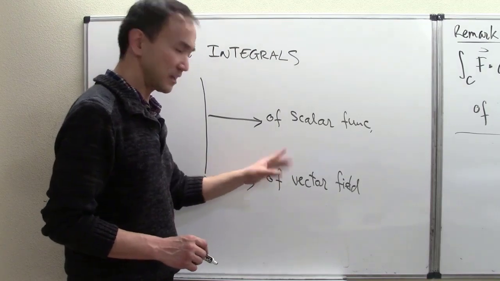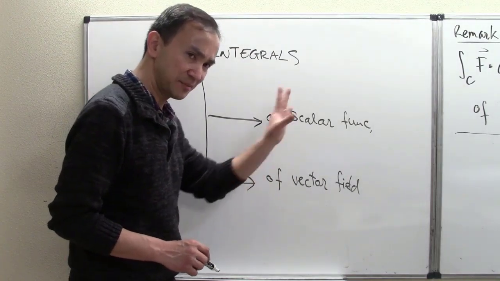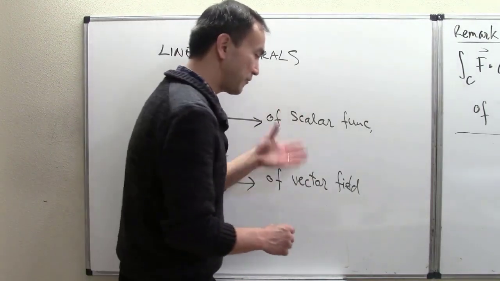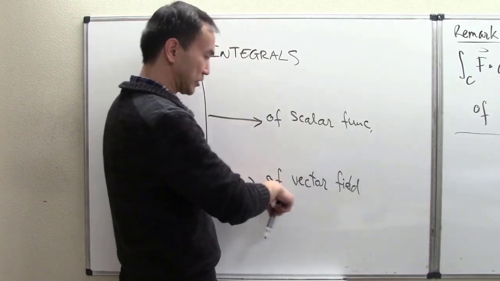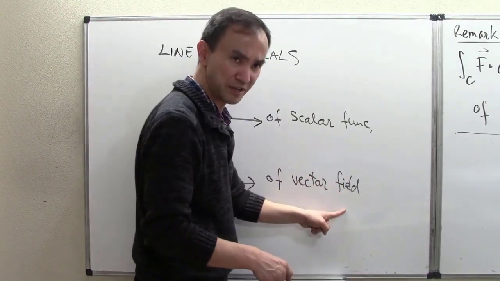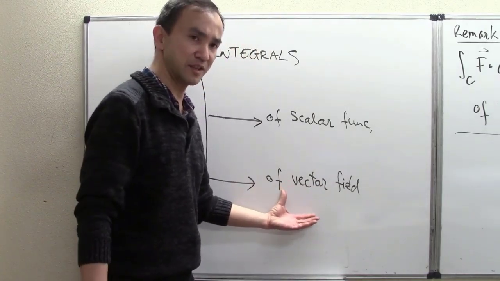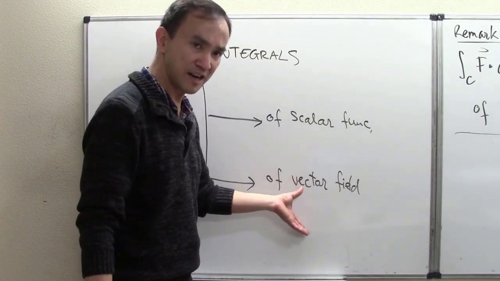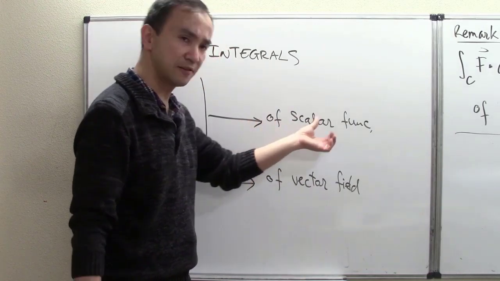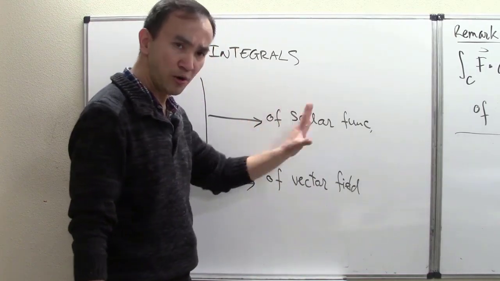But then admittedly, at least in the way I see it, eventually line integrals of vector fields will have a lot more applications, and you will see them a lot more often. It's a lot more popular out there compared to the line integral of a scalar function. But why do we always spend time on the scalar one?